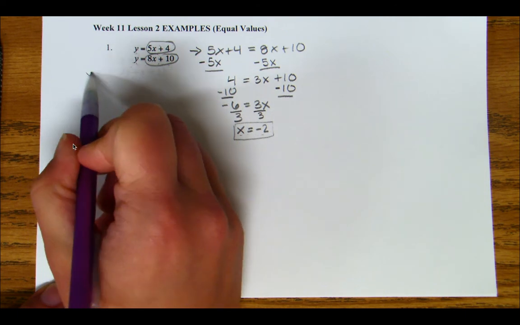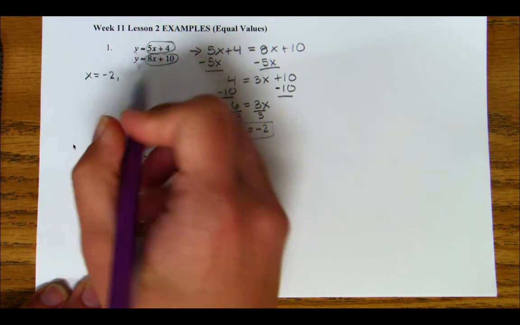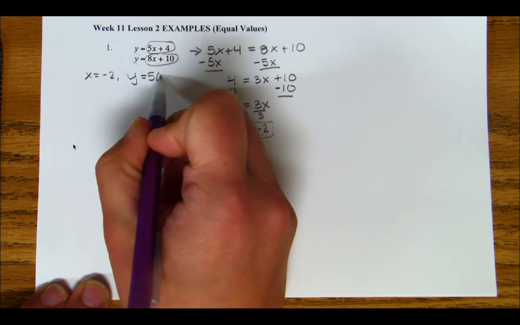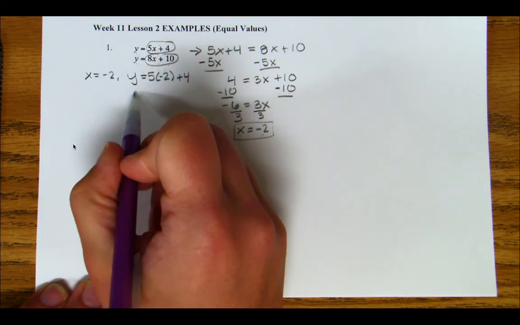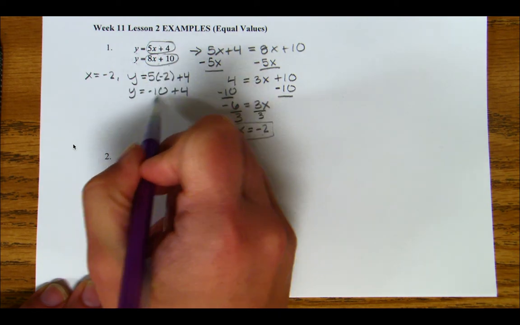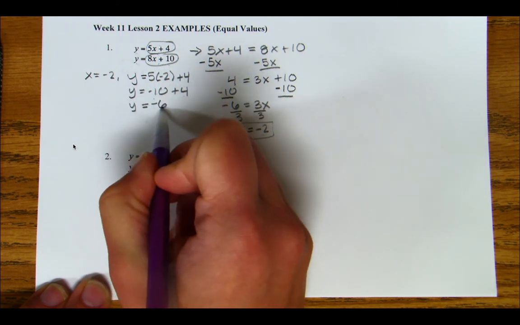So if x is equal to negative 2, and I'm going to pick my first one, then I would get y equals 5 times negative 2 plus 4. From there, I end up with y equals negative 10 plus 4. Negative 10 plus 4 is equal to negative 6.